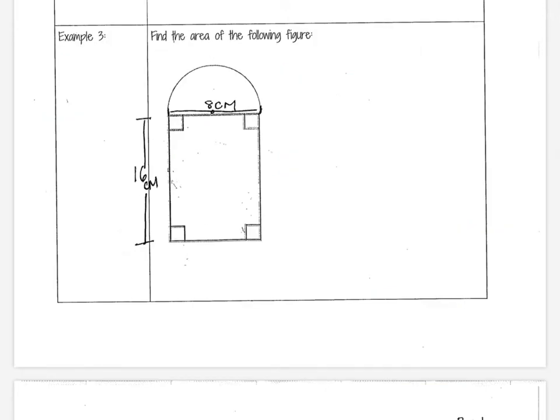Okay, last example. Find the area of the following figure. First, I want to identify what shapes I have. Here I have a rectangle in blue. Let's deal with that one first. So the area of a rectangle is base times height.